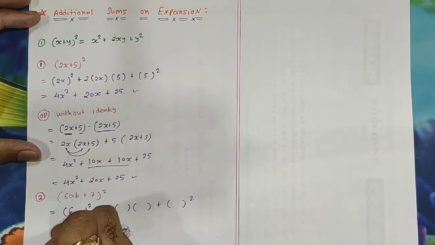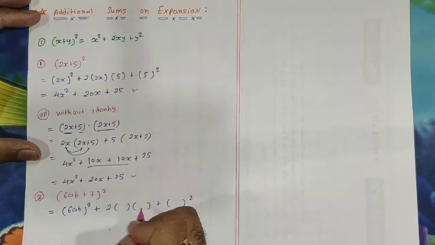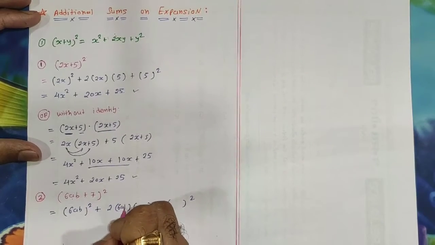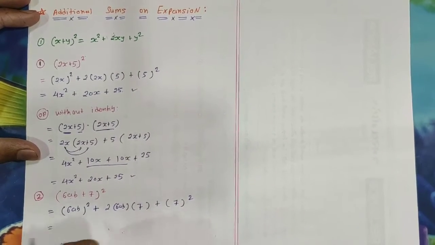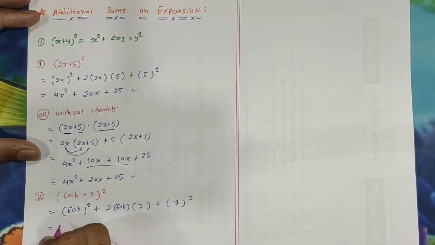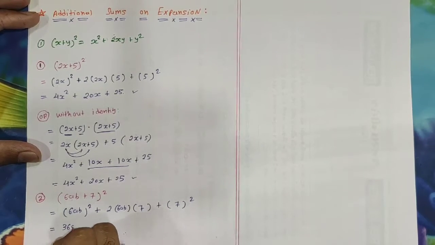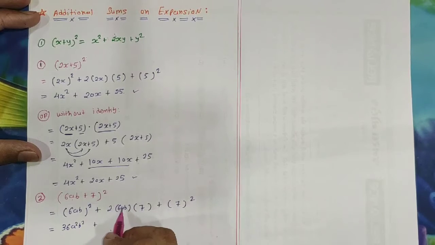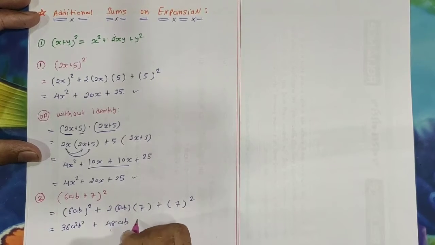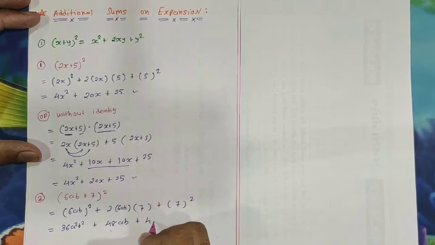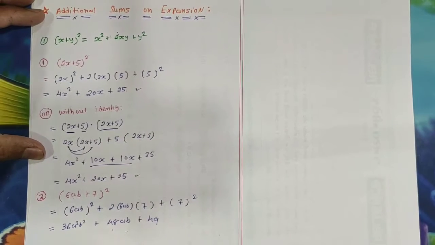The first term is 6ab, so (6ab) whole square, which is nothing but 36a square b square, plus 2 6s are 12, 12 7s are 84, so 84ab, plus 7 square, which is 49.